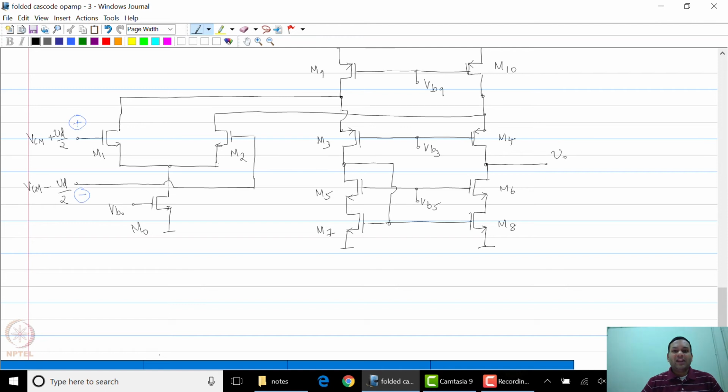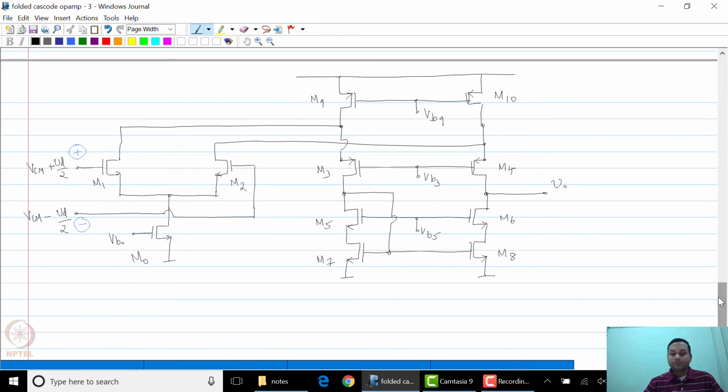So now we are in a position to study the input and output common mode ranges of the folded cascode op-amp. So let us now assume that the input common mode starts to drop. So let us say we decrease VCM.